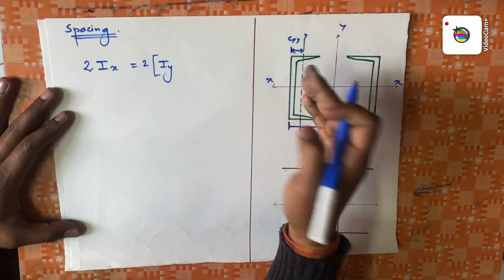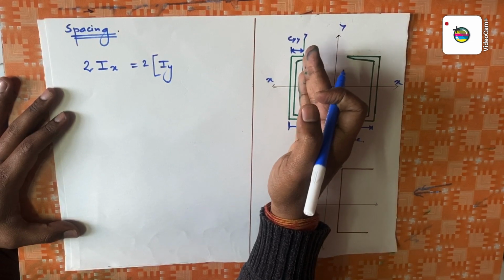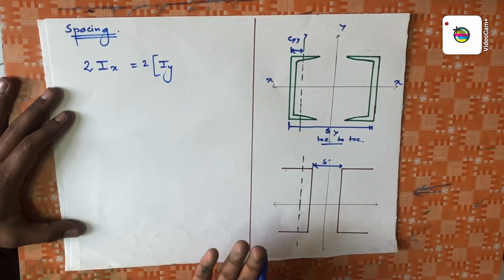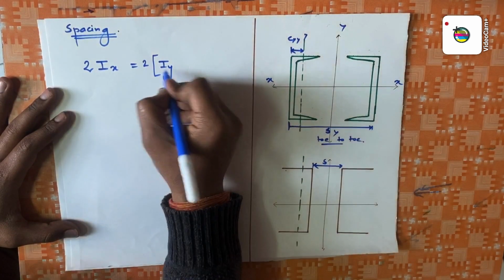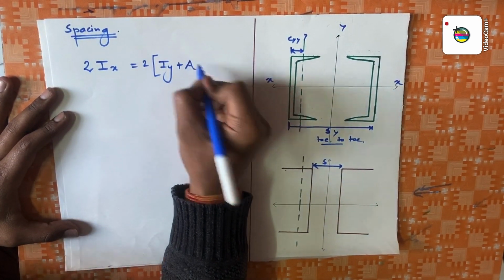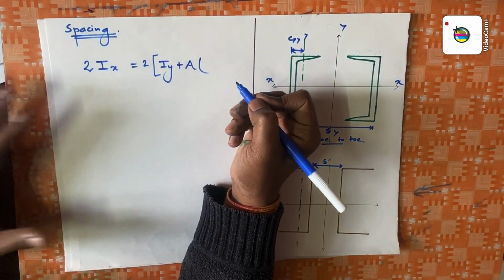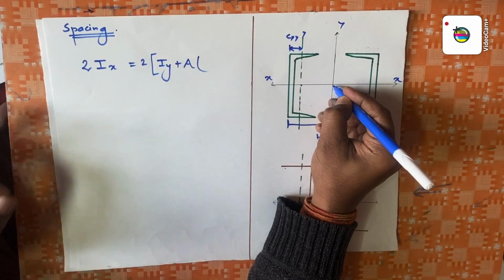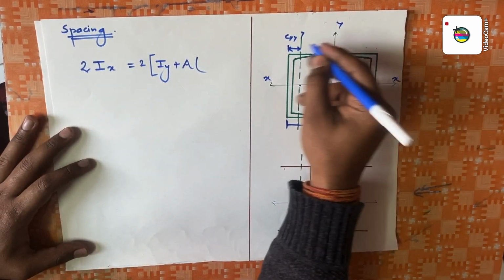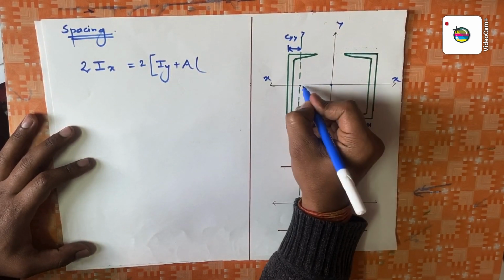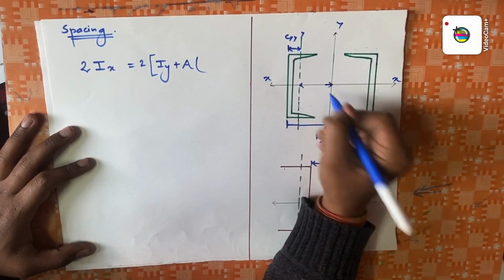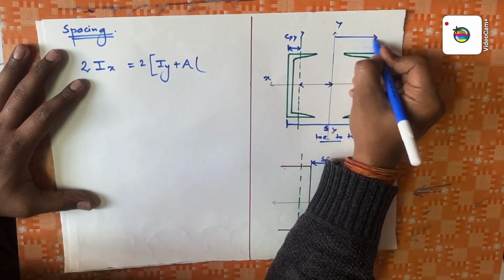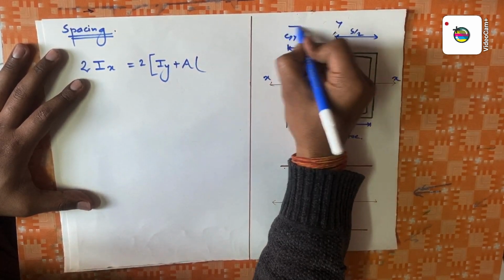Also, this channel is unsymmetric about the y-axis. Whenever the system is unsymmetric about any axis, there is a certain formula, that is Iy plus area times the distance between the CG of this particular section and the CG of the whole section. It will be from this point to this point. We know the total distance is S, right? So half of the distance will be S by 2.